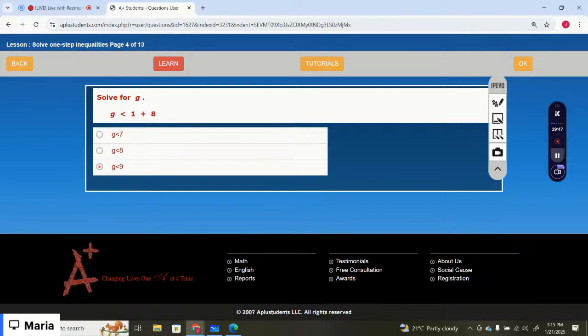Option number 3 is the correct option. That is g is less than 9.